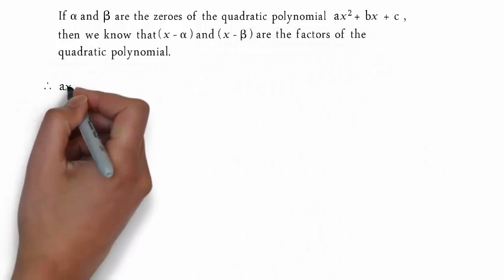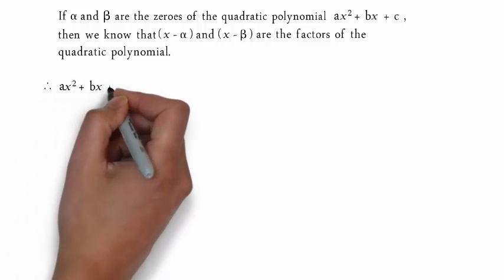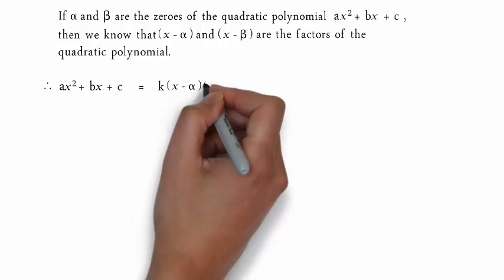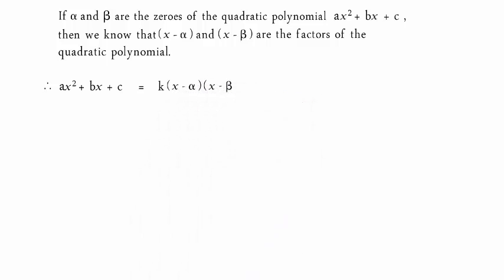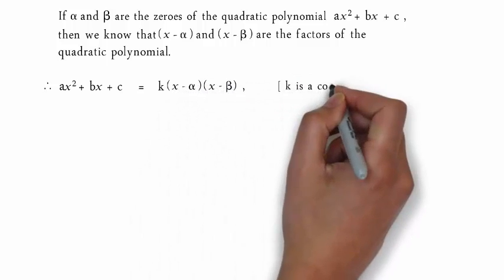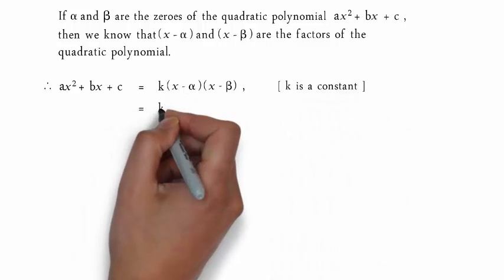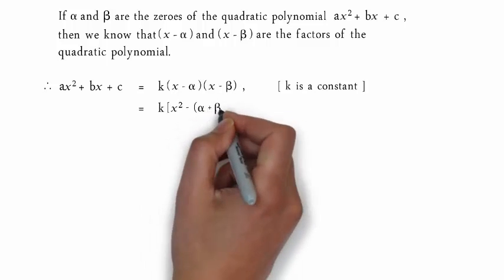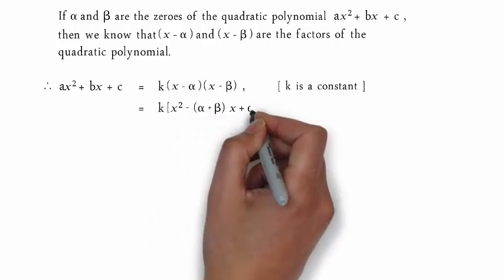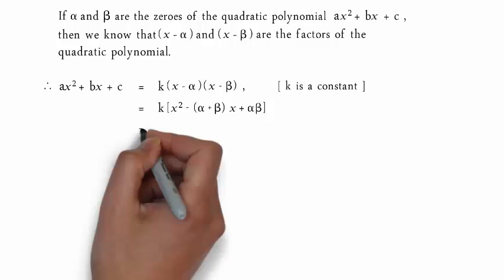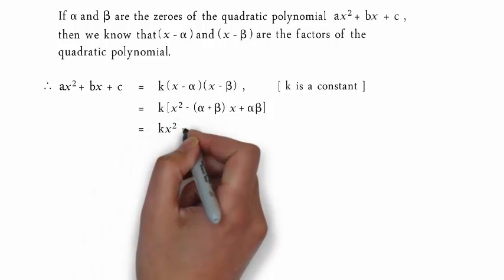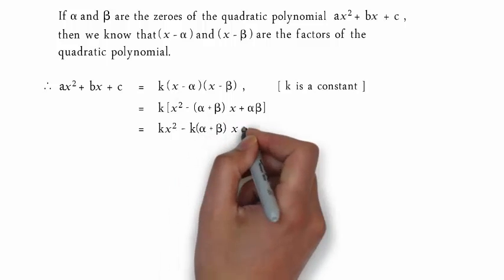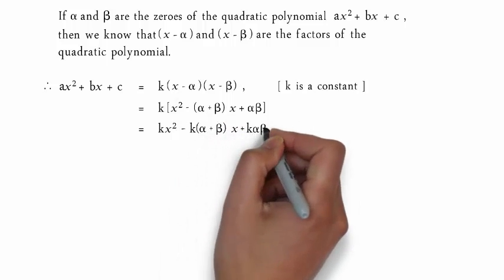Therefore, ax squared plus bx plus c is equal to k into x minus alpha into x minus beta, where k is a constant, which is equal to k into x squared minus alpha plus beta into x plus alpha beta, which is equal to kx squared minus k into alpha plus beta into x plus k alpha beta.